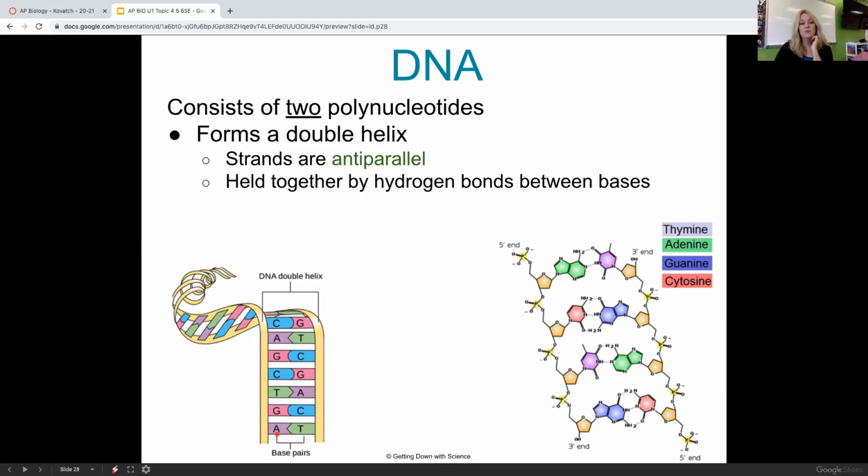T always is going to pair with A, C always pairs with G, and again, A with T, T with A, C with G, G with C. So when you look at the whole strand, whatever the code is going up this way, it's going to go the same way going the opposite way. They're anti-parallel.